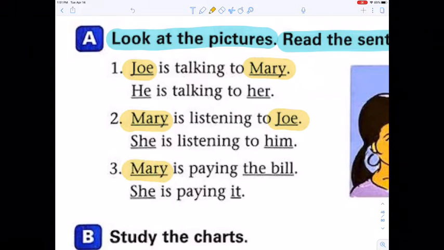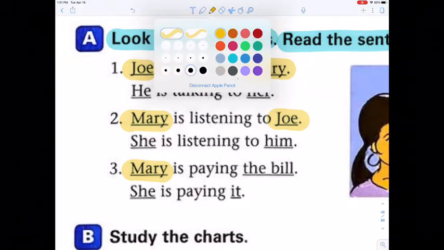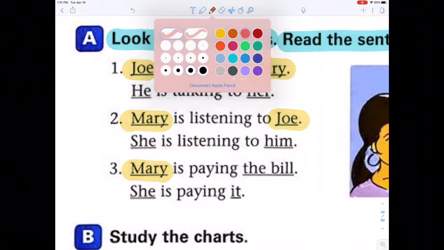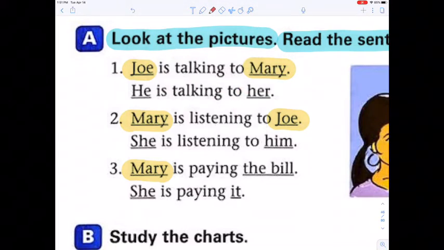Those are all nouns. Now, let's make a big difference between what is a subject pronoun. We'll put the subject pronouns using this kind of pink or red color. He is a subject pronoun. She is a subject pronoun. And again, she is a subject pronoun.